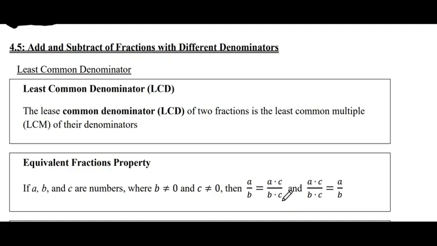We talked about that in, let's see, lesson 3.2 or 3.3, one of those sections. Again, if you need to review that, please go back to the previously recorded videos and review the equivalent fractions.